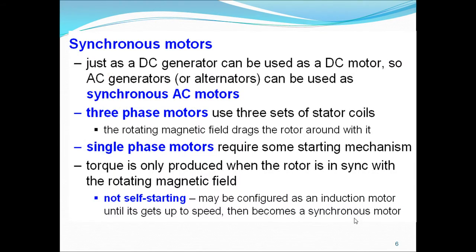It is like a DC generator used as a DC motor; an AC generator can be used as a synchronous motor. In this case also it has both three-phase and single-phase motors. Another point is that the induction motor is not a self-starting motor, whereas the synchronous motor is a self-starting motor.